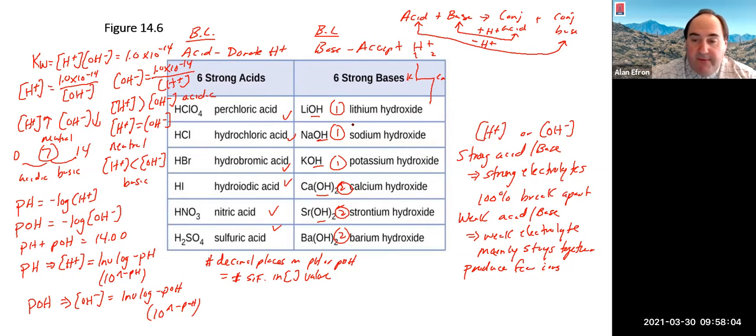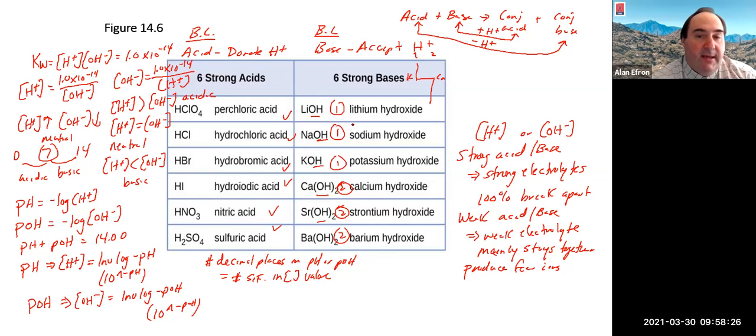If you are given a strong acid or strong base and asked to calculate the pH, you just need to figure out the H plus concentration if you have a strong acid, and the OH minus concentration if you have a strong base. That will allow you to get to the pOH and then the pH.